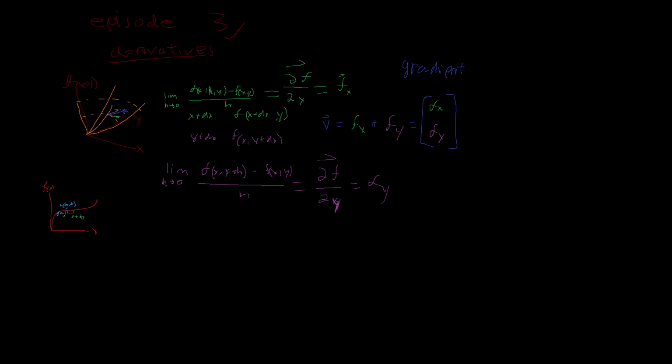This is some point a. This vector in particular is the gradient of f at a. There's a shorthand for this, and there are a few words, nabla and del. These are two words for it, but we use this funky symbol and apply it to f, and that is equal to partial f over partial x, partial f over partial y.